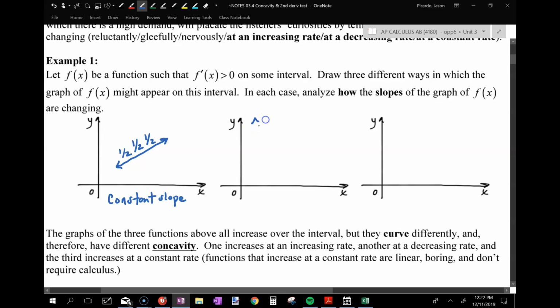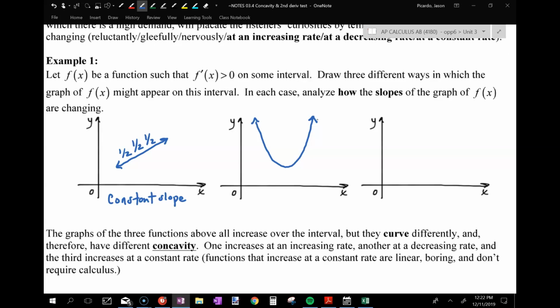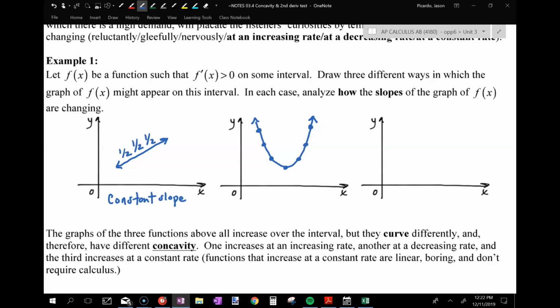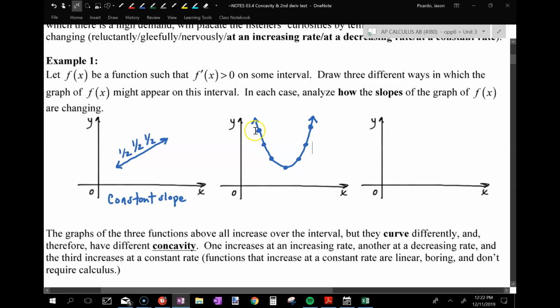Here's another curve. Does that curve have a constant slope? No. In fact, what I'm going to do is put 7 points on there. And I'm going to ask you guys to just shout. What's the slope here?